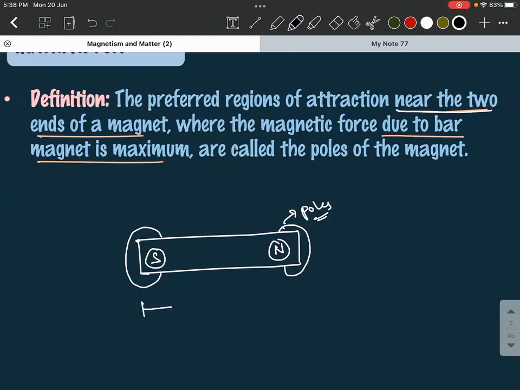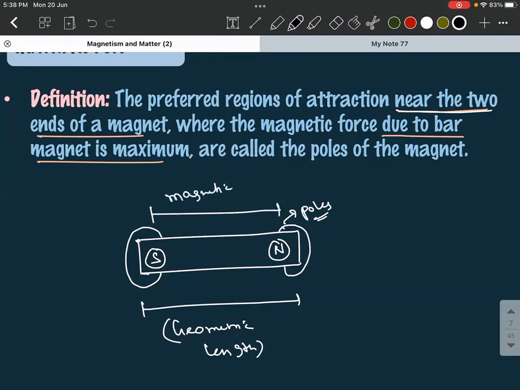If you take the length from one end of a magnet to the other end, you call it the geometric length. Similarly, if you take it between one pole and the other pole, you call it the magnetic length. And remember, magnetic length is always less than the geometric length.